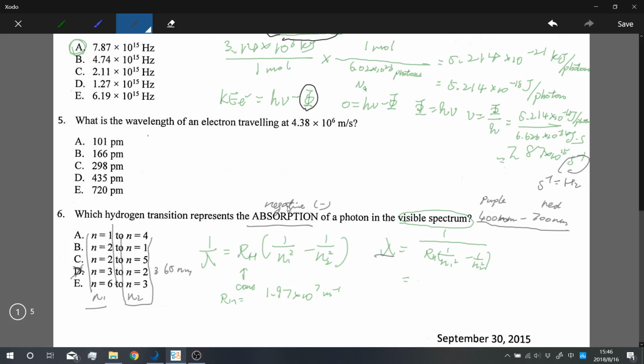So the answer 2 gives us 680 nanometers, which is also not correct. Let's try a different number and see. Answer C gives us 241 nanometers, which is also not correct. So we only have 2 left.